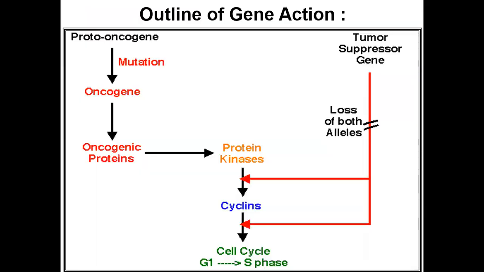طبعا احنا عندنا proto-oncogene when undergo mutation it will be converted to oncogene والـ oncogene will produce oncogenic proteins اللي من ضمنها البروتين كاينيزز، وهذا البروتين كاينيز يشتغل على السايكلينز، مجموعة من الانزيمز، يدخل لنا السيل إلى السيل سايكل، يحفزها أن تتحرك من الجروث 1 إلى السينثيتك فيس. وكذلك tumor suppressor gene من يصير عندنا loss of both alleles نفس الشيء يشتغل لنا على السايكلينز أو cyclin dependent kinases مجموعة من البروتينز والانزيمز ويدخل لنا السيل إلى السيل سايكلز.